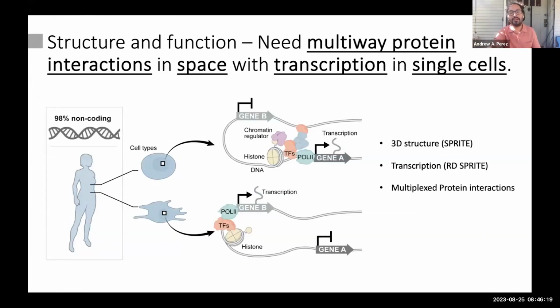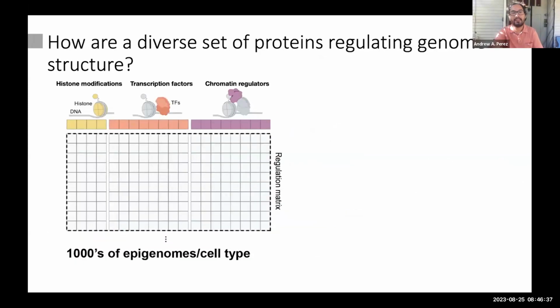Just to reiterate, our goal here is to do multi-way protein interactions in space with transcription in single cells. So now we can do these SPRITE-based methods. And now we're adding multiplex protein interactions to this repertoire. Now we ask ourselves, how are sets of proteins regulating the genome structure?